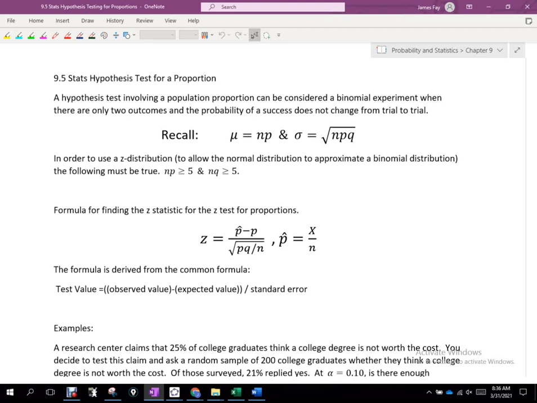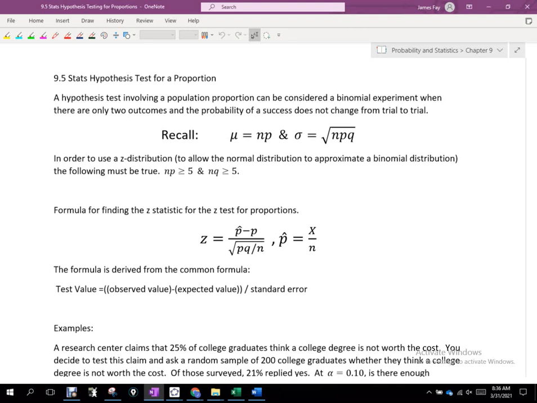And then n times q, where q is the probability of a failure, has to be greater than or equal to 5 as well. We did the same thing when we did confidence intervals with proportions previously.